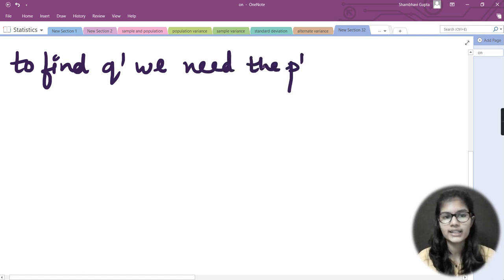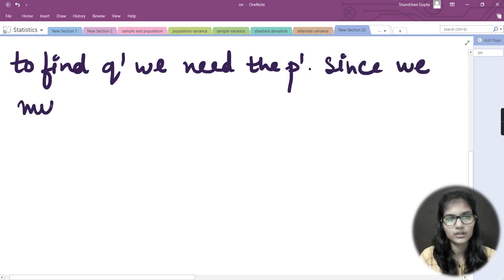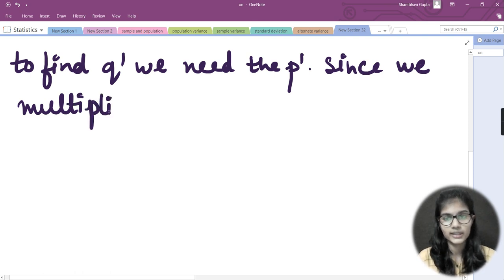We all know that Q dash is equal to 1 minus P dash. So for finding Q dash, we need P dash, but we do not know this P dash as well. Now, please make sure to look at this very carefully.